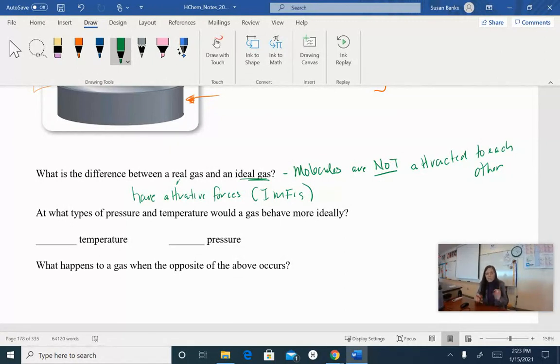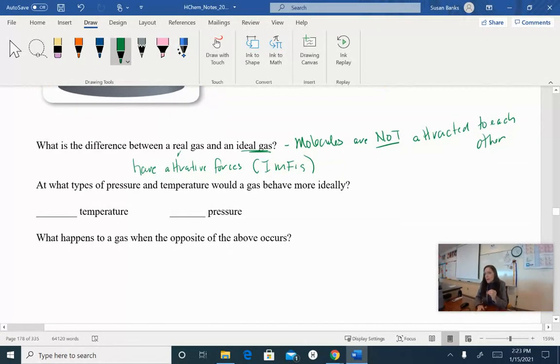Okay? So if we want gases to behave ideally and not have attractive forces, what kind of temperature are we going to have, and what kind of pressure system are we going to have? Think about that for a minute. What's going to make these molecules not attract each other? The temperature is going to have to be really high so those molecules are moving super fast, so that when they do collide, they collide hard and they bounce off of each other.